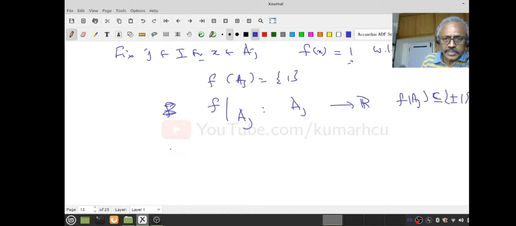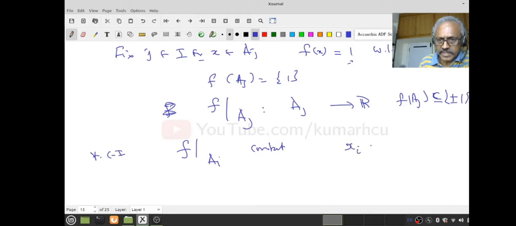Now let's look similarly at f on Ai for any i in I. This is a constant, right? But remember there exists an x, call it xi, which is common to Aj intersection Ai, because for each i and j, this Aj intersection Ai is not empty. You follow that?